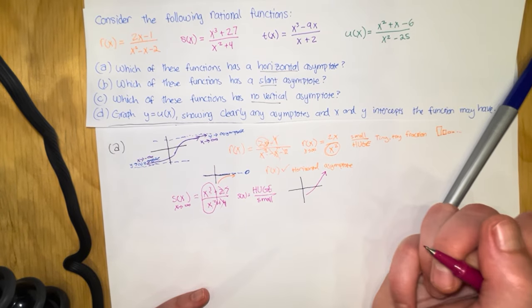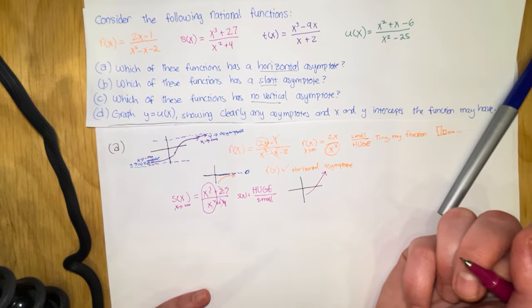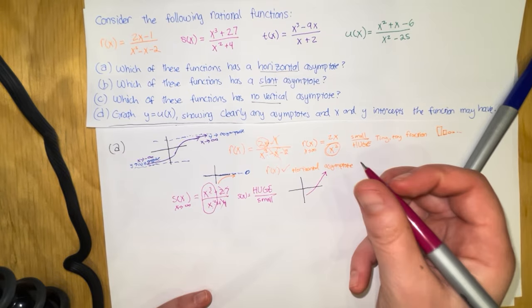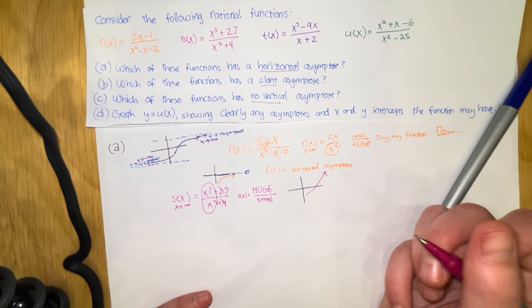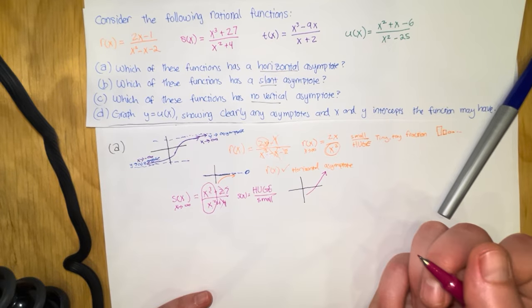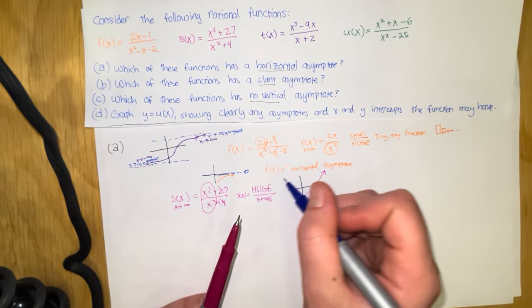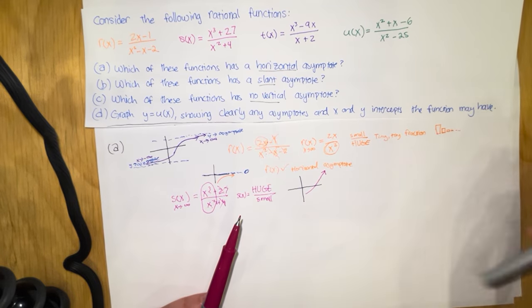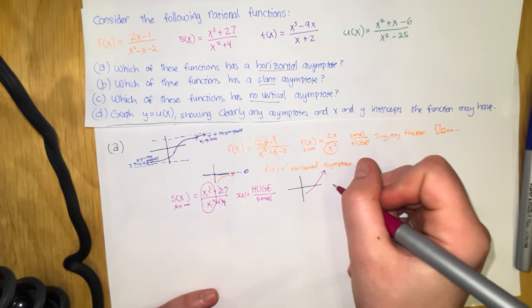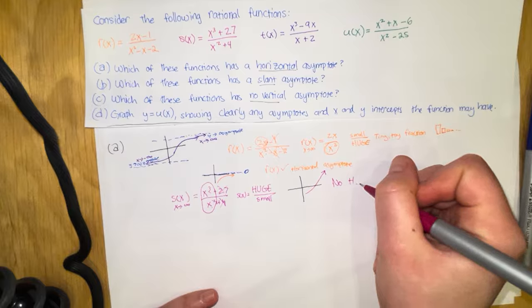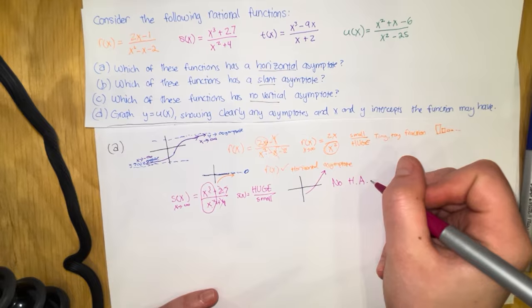They're both getting bigger. Okay, so this does not have a horizontal asymptote. It's not like it heads towards some y value where it caps off. It's not like there's a line here. It just keeps getting bigger. So no horizontal asymptote for s of x.